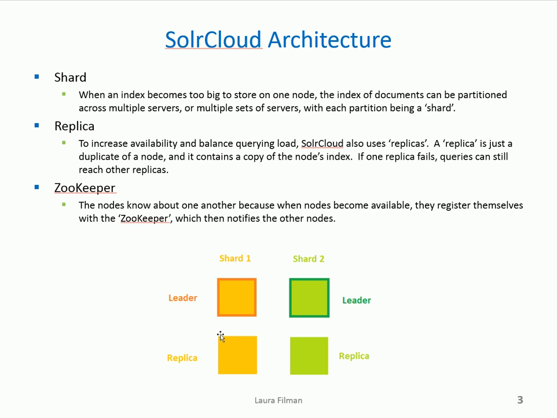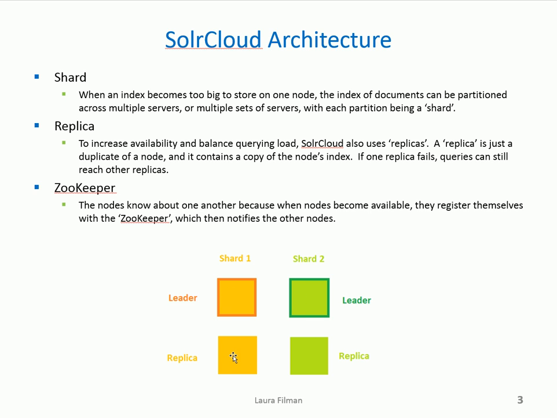And this is important because, say if someone's trying to index a new document into the collection, they can hit any node, but only leaders can accept writes without having to notify other nodes. So if someone says, "Hey, replica 1 shard 1 or replica 2 shard 1, I want to index this document," replica 1 shard 1 has to figure out which leader to send it to, because maybe it belongs on shard 1, but maybe it belongs on shard 2.